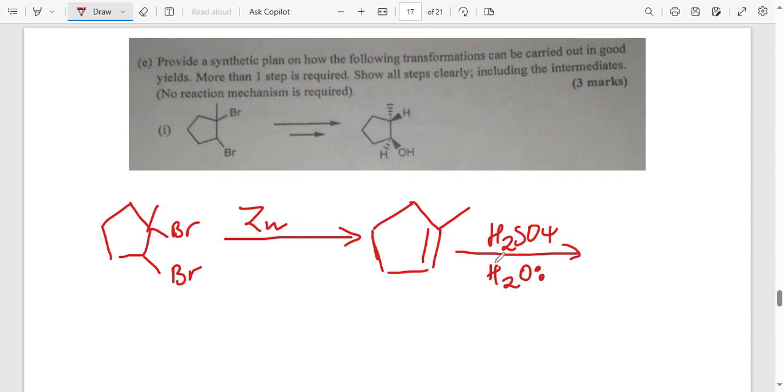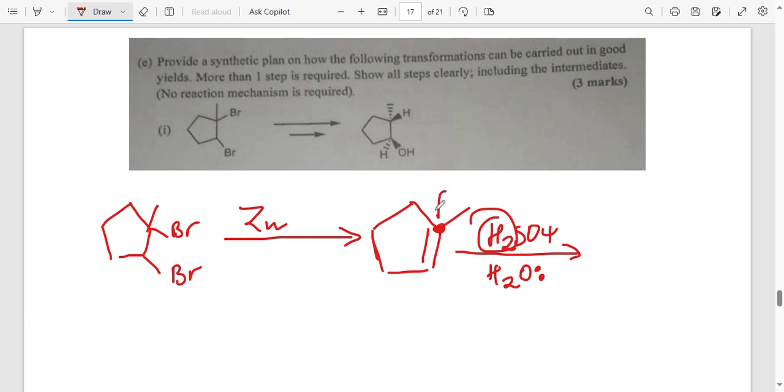Now, before the water attacks, we are supposed to first form a carbocation intermediate. So what happens is that the double bond acts as a nucleophile to grab a proton from the acid. This end will grab a proton from the acid.